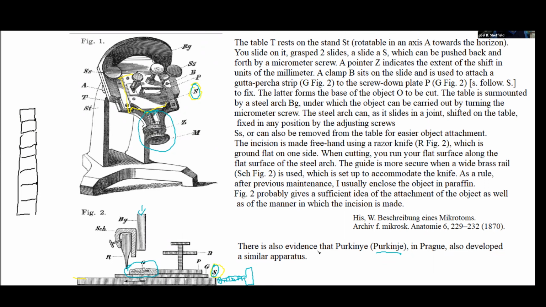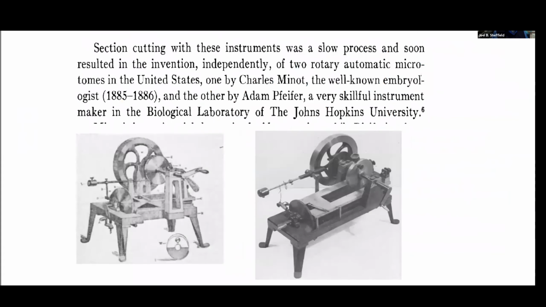And there's some question about who saw this first. Depending on which site you look at, it generally says that His was the inventor of the microtome, but that Purkinje used it more, or not. Depends on the website you go to. These things are remarkably imprecise. At any rate, clearly this was not a fully adequate system.